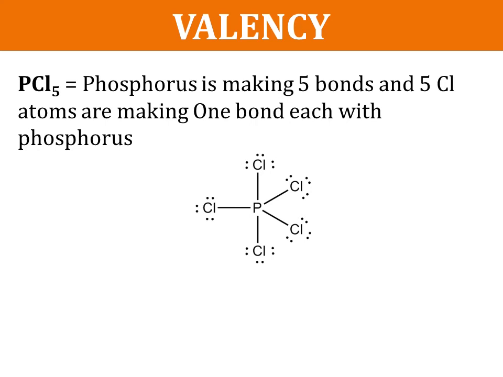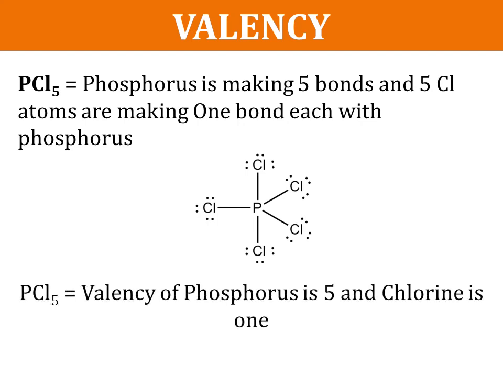It's making a bond with 1 phosphorus only. So from the chlorine side, it's making 1 bond. But what about phosphorus? It's making 5 bonds at the same time. Chlorine is making just 1. And hence, the valency of phosphorus is 5 and chlorine is 1.